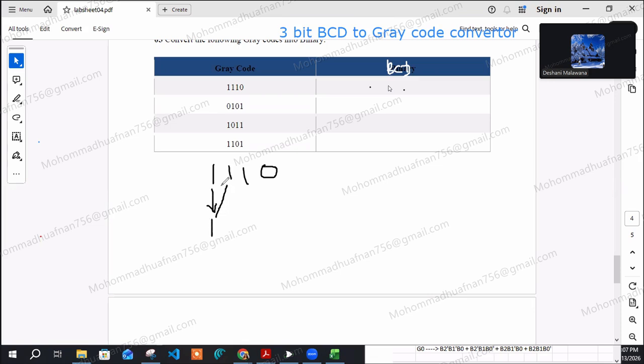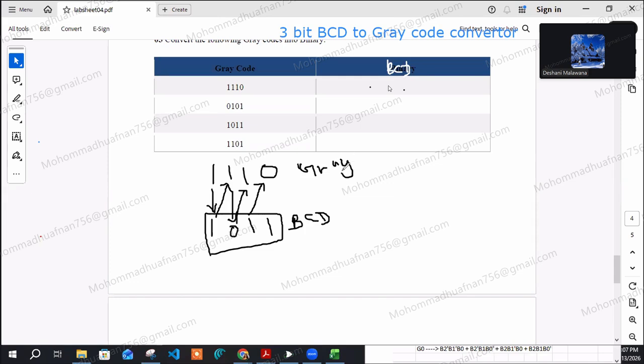Then we XOR on this one. Then 1 XOR 0. Then again this one to this one, 0 1 XOR 1. Then to this one XOR 1 0 1. So this is the BCD one. This is the gray code.